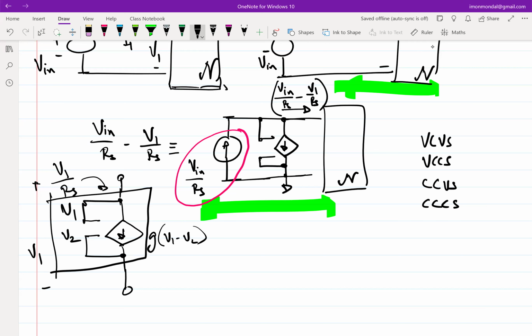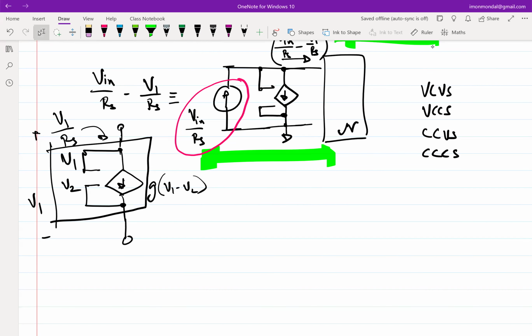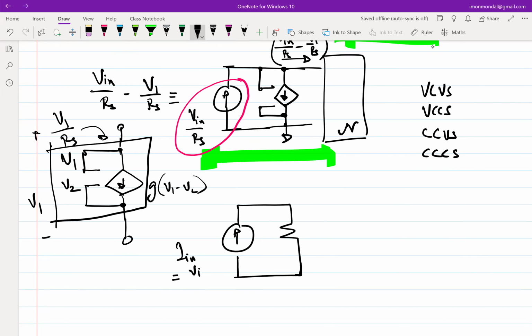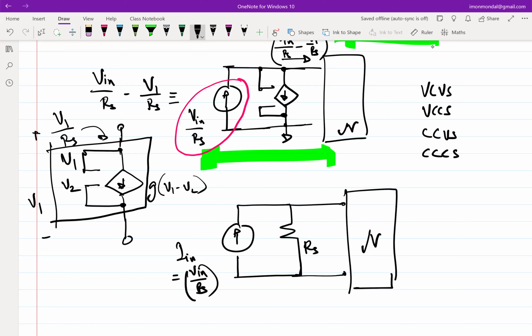Okay. So now I can replace our circuit with an input current source whose value is V in over Rs. The Rs that was earlier in series with a voltage source became an Rs in parallel with the current source, and this becomes a network.